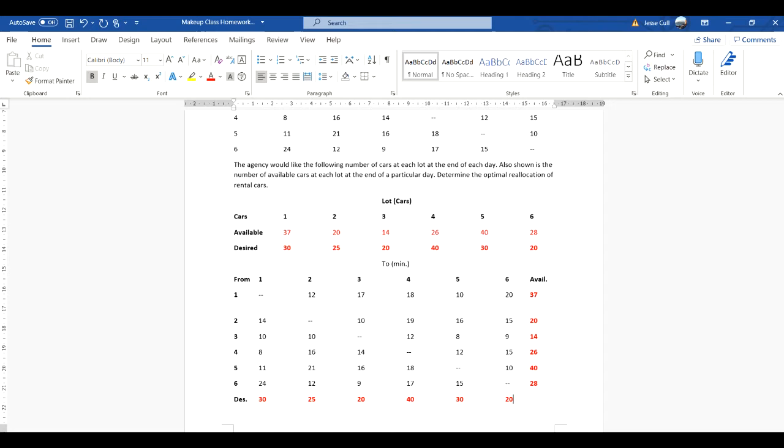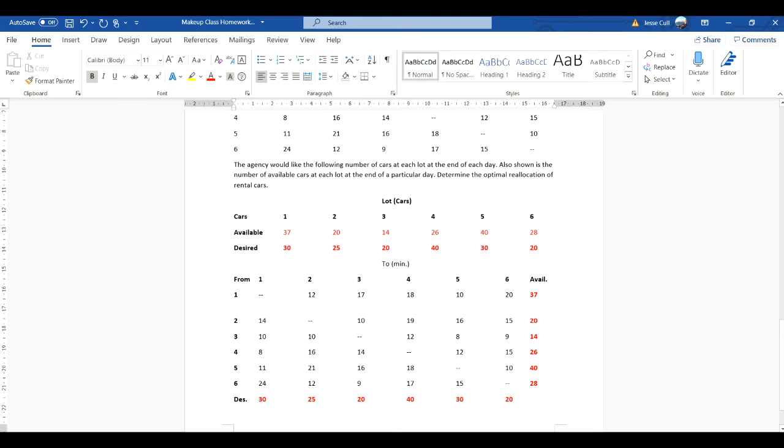But remember, with questions like this, what we have to do is ask ourselves, what are they asking? They're not saying 37 cars are available in lot 1, because they want 30 of them to remain there. So in lot 1 we have 30 desired, but 37 are now available.